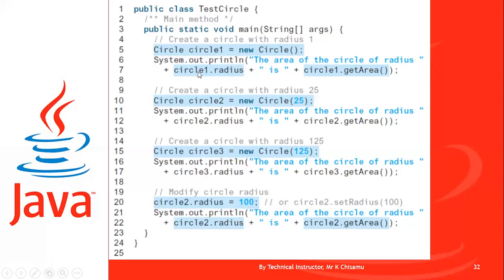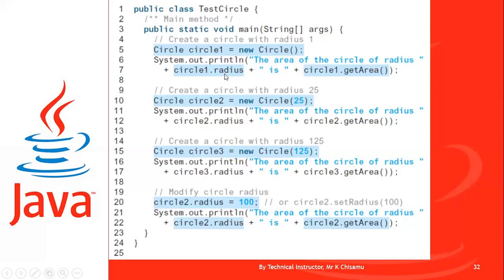Here we are saying cycle1, the object we have created here, dot radius, meaning we access the value contained in radius. Now, remember, in that class, radius contains the value 1. So therefore, 1 will be returned when this object accesses the radius data field.